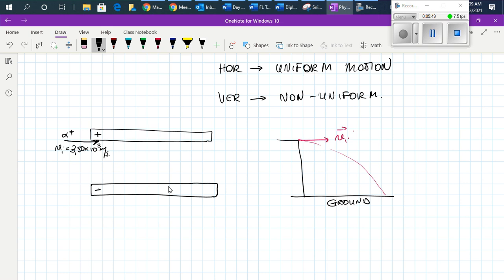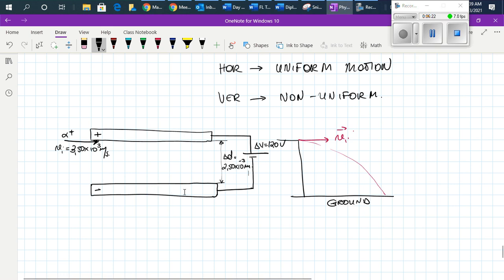The change of voltage between the two is 120 volts. And the distance between the two plates is 2.50 times 10 to the power of -3 meters.